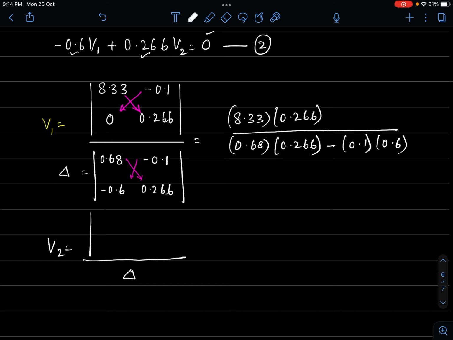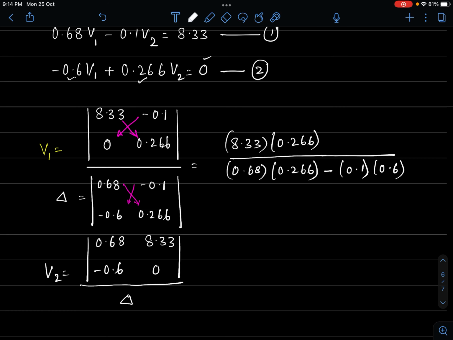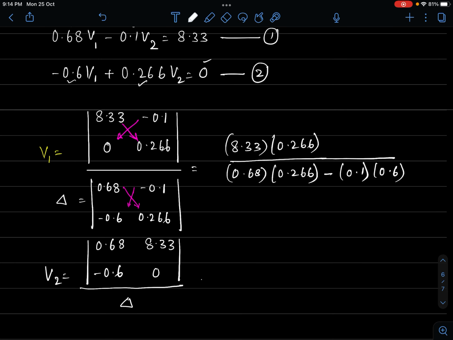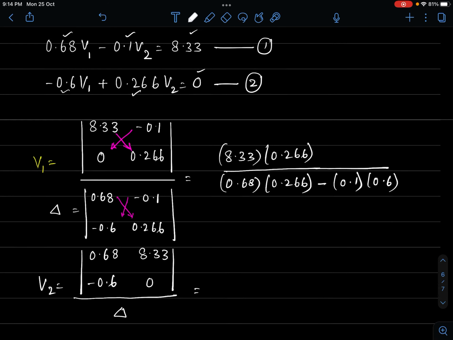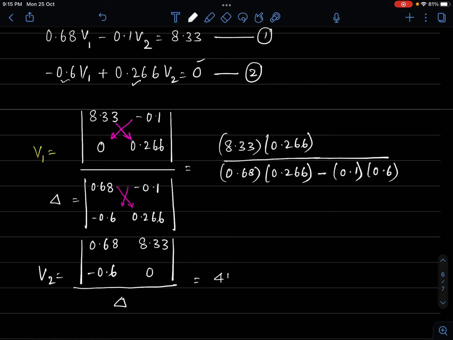The first column is maintained, and the second column is replaced with the right hand side terms of equations 1 and 2. You do like this. Okay, the delta is same. So this also you know how to do. You will get the value to be equal to 41.35.